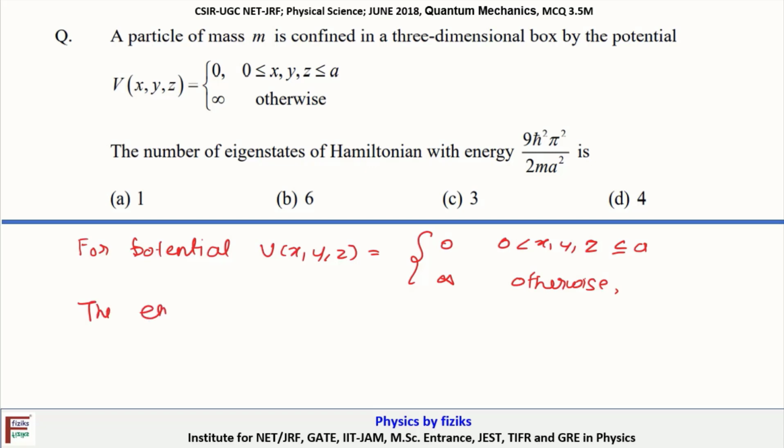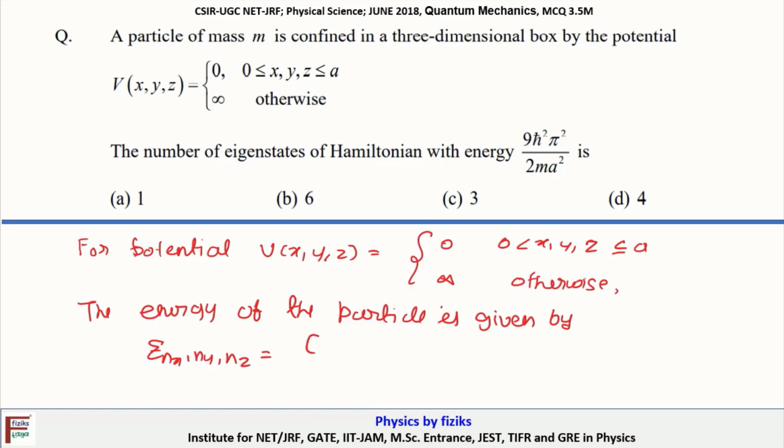the energy of the particle is given by E(nx, ny, nz) equals (nx square plus ny square plus nz square) pi square h cut square by 2 m a square.